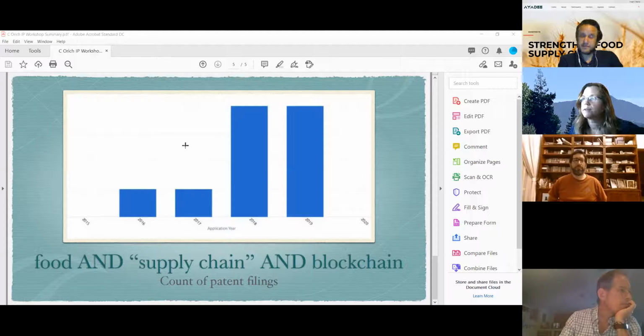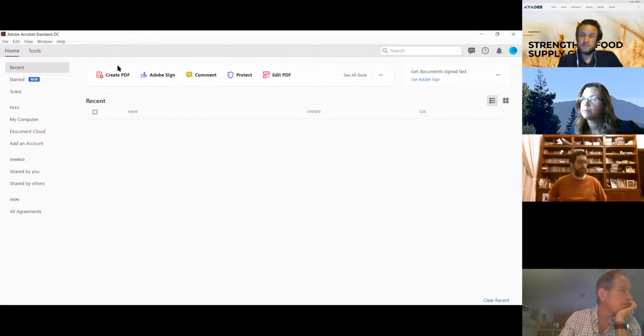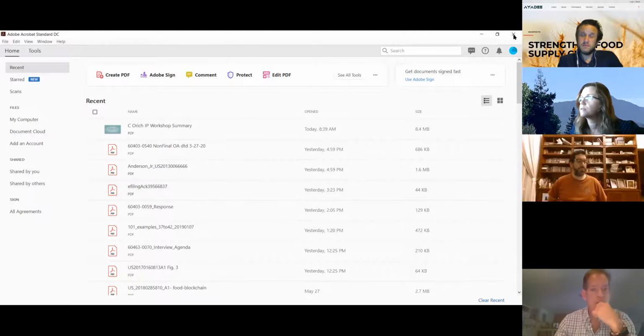Those are some of the types of information that people are using these analytics tools to identify. And then I could drill down even further and look at who the filers are on those patents and what else they have in their portfolio. There are lots of different ways to look at the data, just like anything else. There's big data around patents.